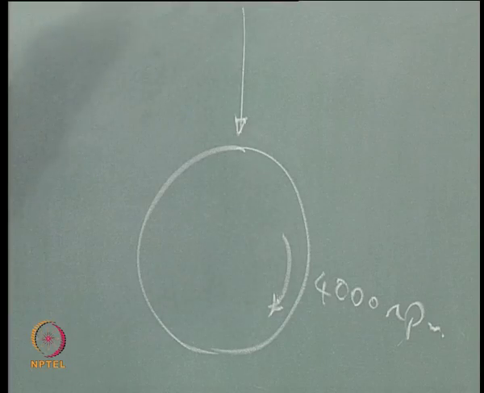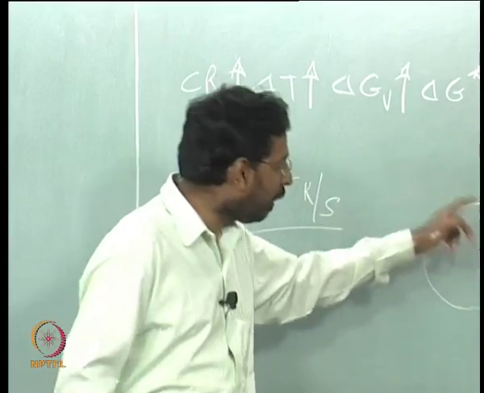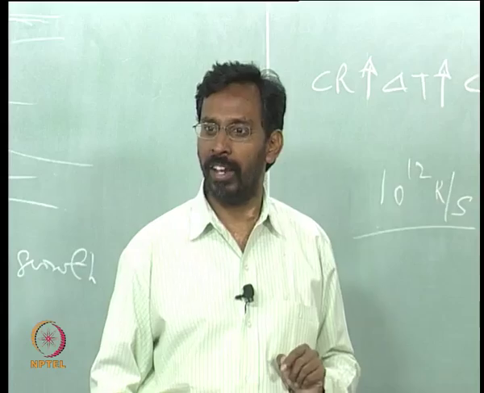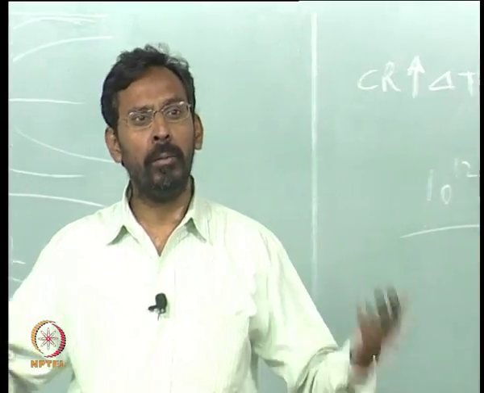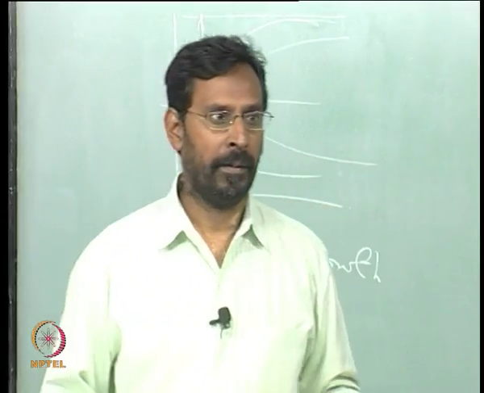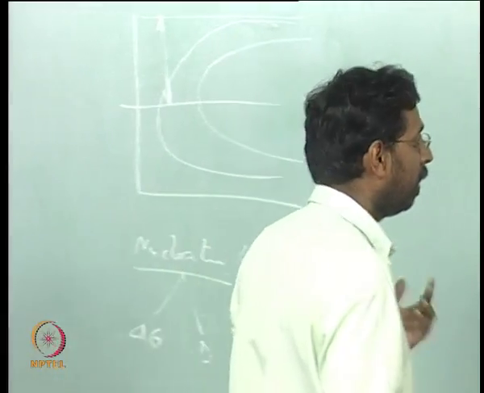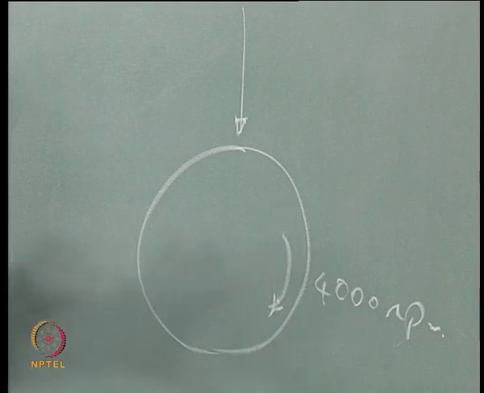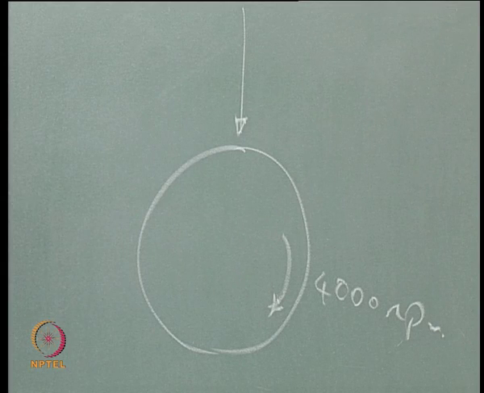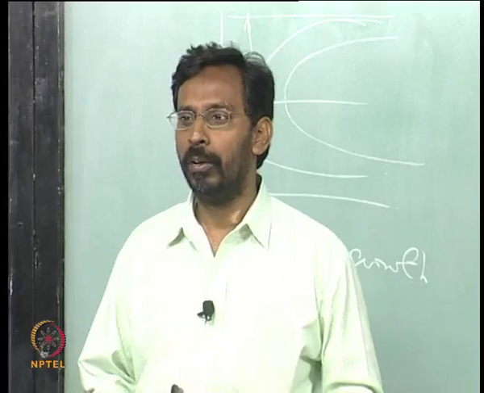You control the flow rate of the liquid and the speed of the wheel in such a way that it comes out as continuous ribbons, and people have made kilometers of ribbons like this, a particular type of alloy which is iron based metallic glass, where a large number of people have worked on it. So here you get cooling rates of the order of around 10 to the power 6. And 10 to the power 12, anybody knows?